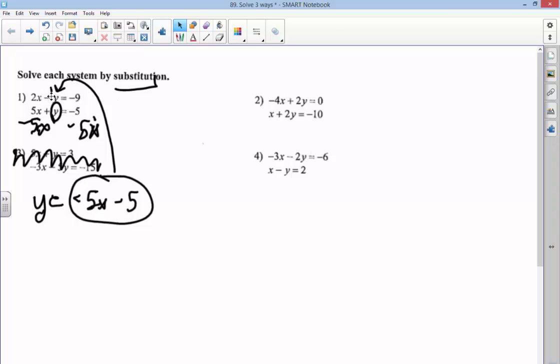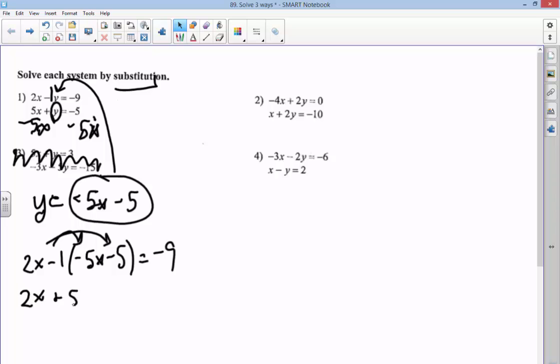So I'm going to put a 1 in front of the y, and we're going to rewrite that top equation, 2x minus 1, and then instead of y, it's going to read negative 5x minus 5 equals negative 9. So you're going to distribute this negative 1 to both terms in the parentheses. You now have 2x plus 5x plus 5 equaling negative 9.